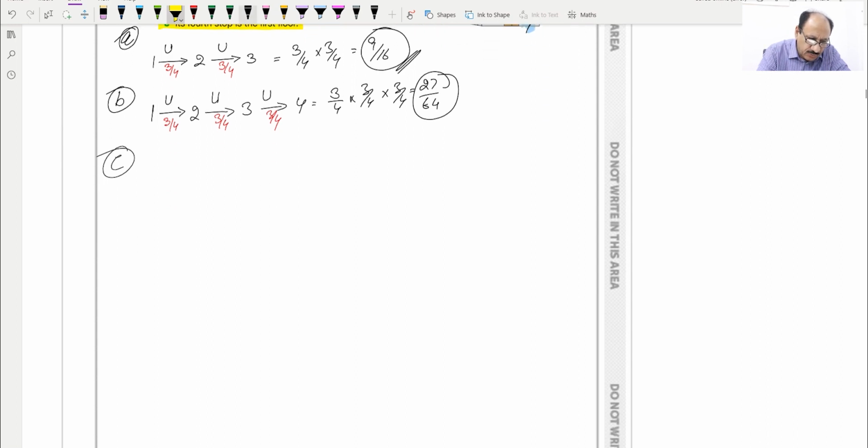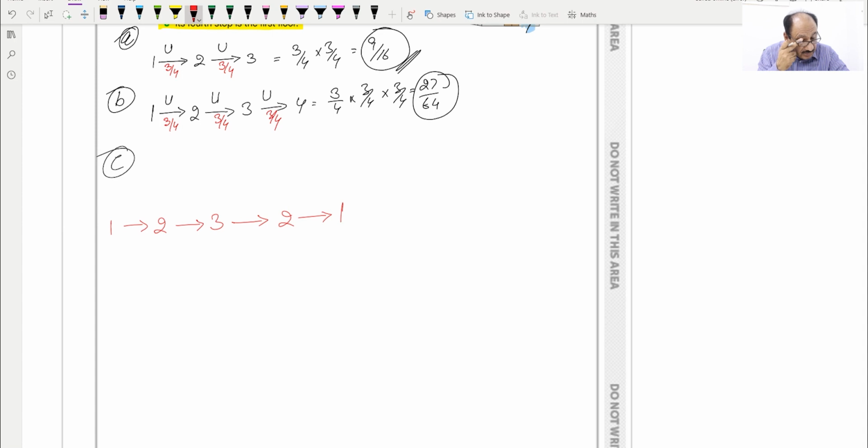So what are the options which we can consider? It can move from first floor to second floor, second to third floor, third to again second floor, and second floor to first floor.